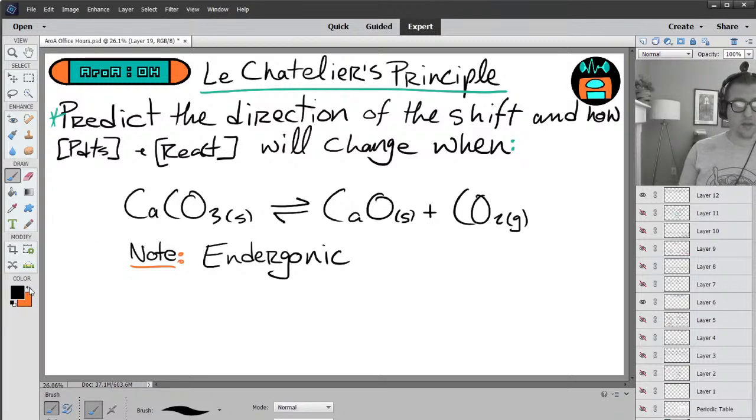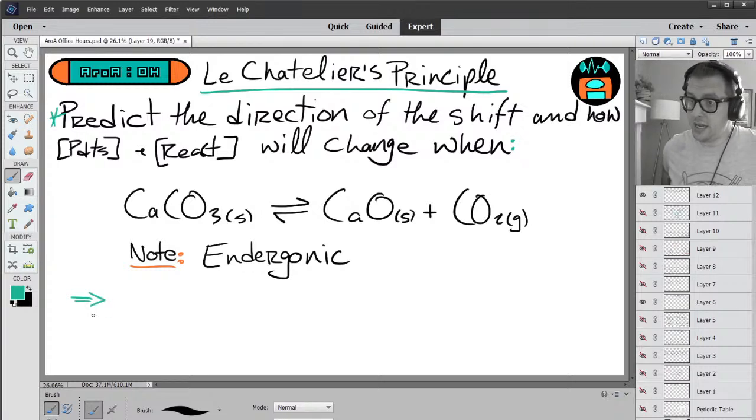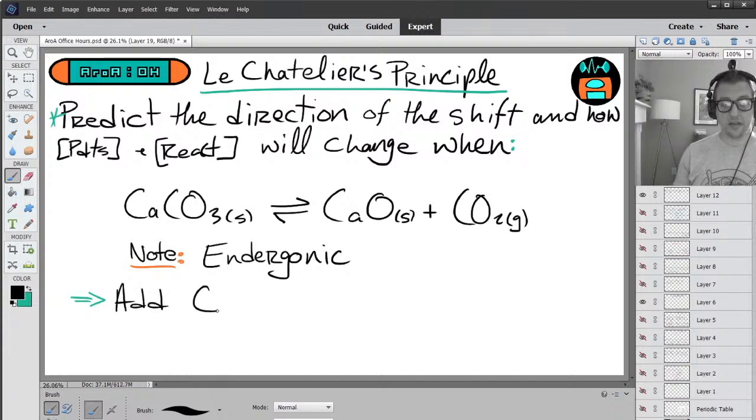First, exact same question as before. Predict the direction, the shift in equilibrium, and how the concentration of the products and reactants will change. Predict how it'll shift when we add calcium carbonate.